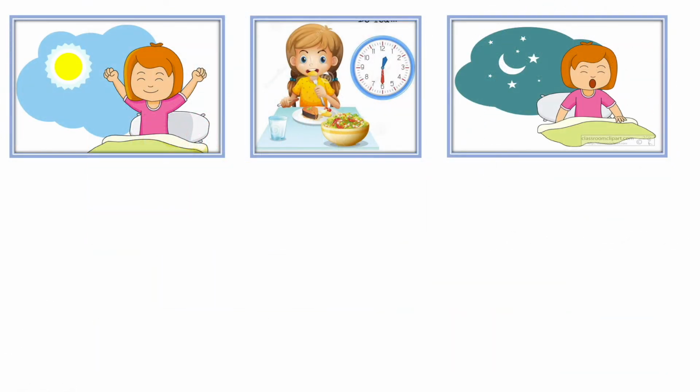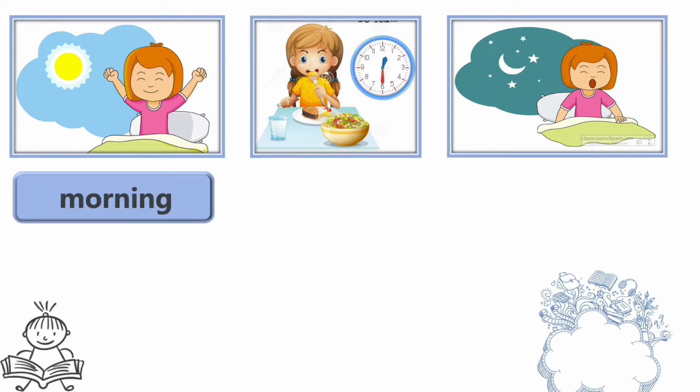Okay, next is the times of the day. There are 3 examples here. I want you to follow after me. The first picture is morning. Follow after me.